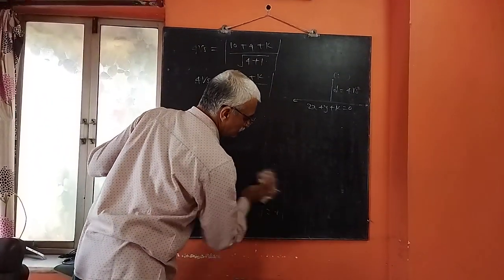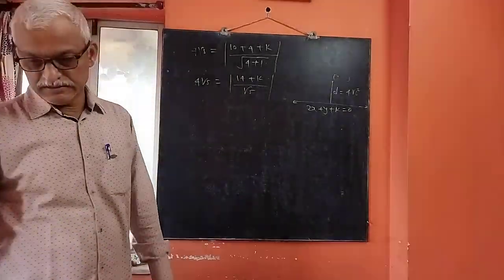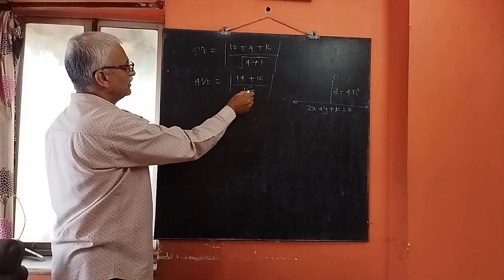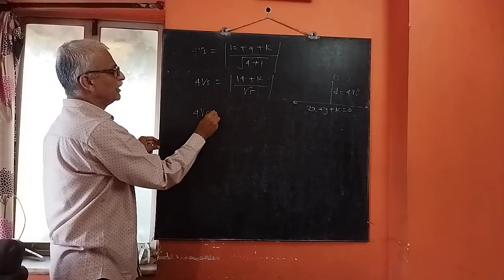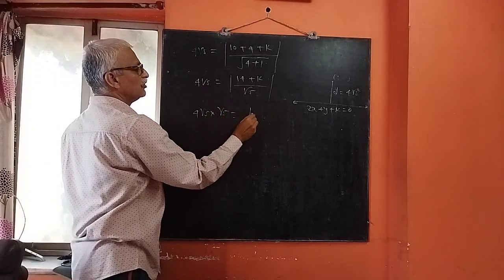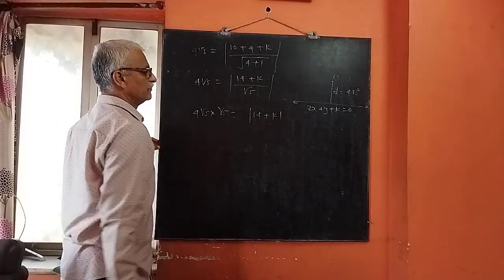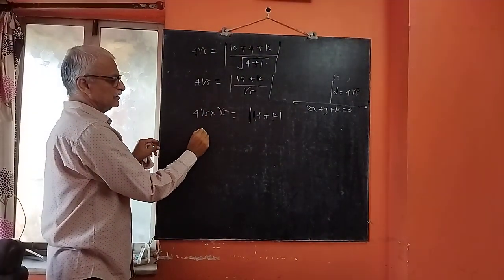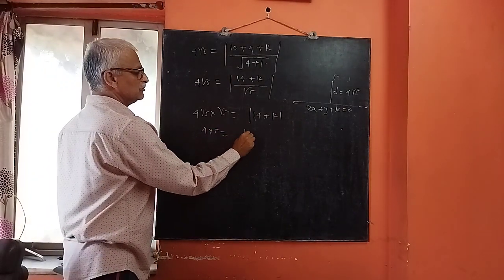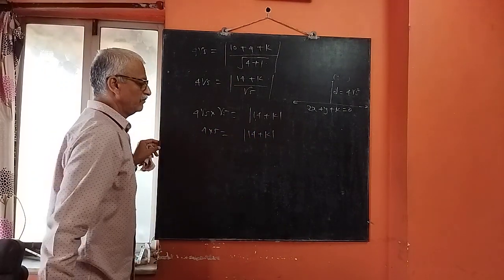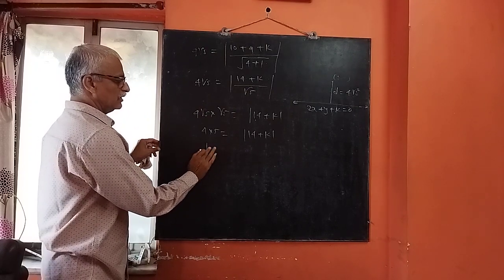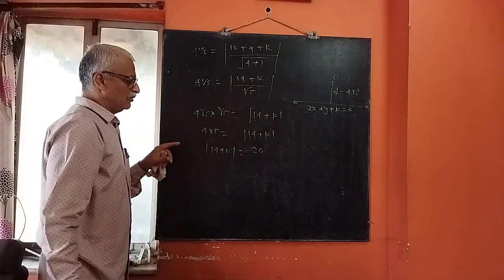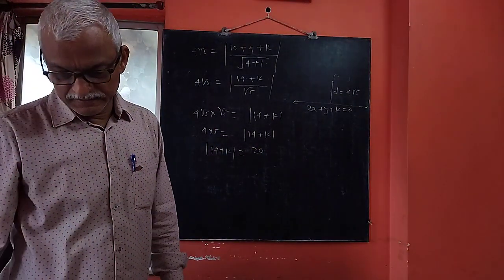Now, by cross multiplication, we'll get 4 root 5 into root 5 equals to mod of 14 plus k. Root 5 into root 5 is 5. That means 4 into 5 equals to mod of 14 plus k, or mod of 14 plus k is equals to 20.